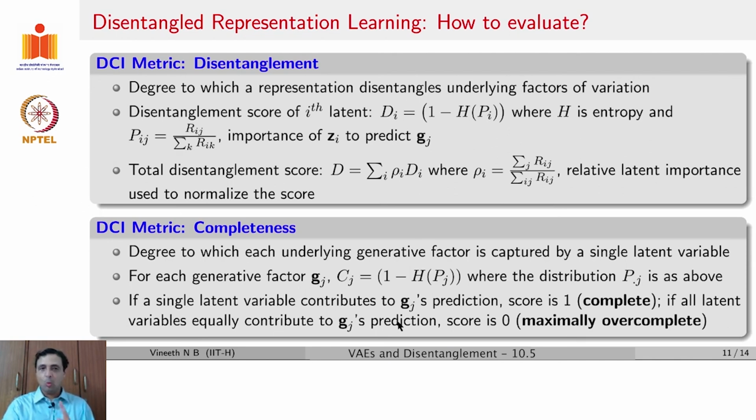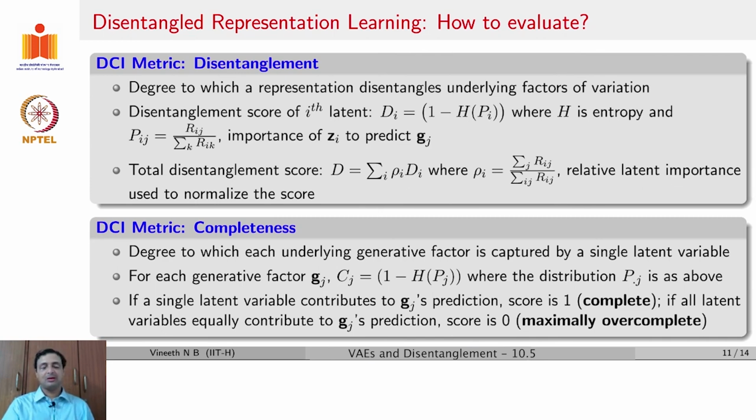We only want one latent variable to correspond to a generative factor. If all latent variables contribute equally to Gj's prediction, the score is 0, because that represents the opposite of disentanglement, and we call that situation maximally overcomplete, where all latent factors correspond to just one generative factor in the data.